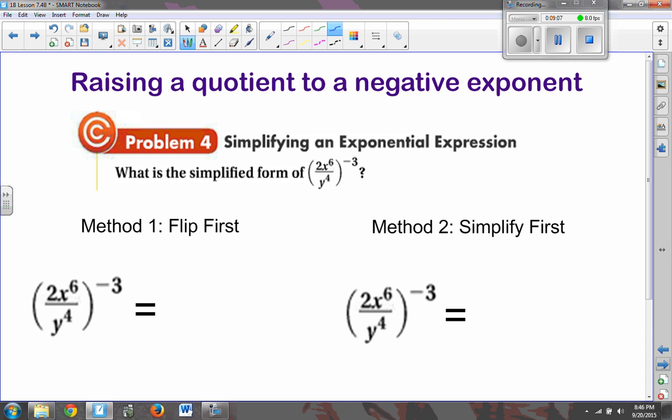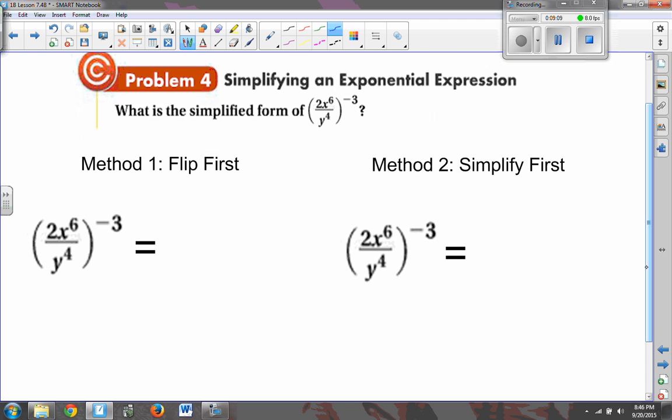All right? So there are 2 methods that I'm going to show you to do this. The first is to flip the fraction first. So 2x to the 6th power over y to the 4th, all to the negative third. Whenever you see a fraction to a negative exponent, you can just flip it right away. Just flip it.